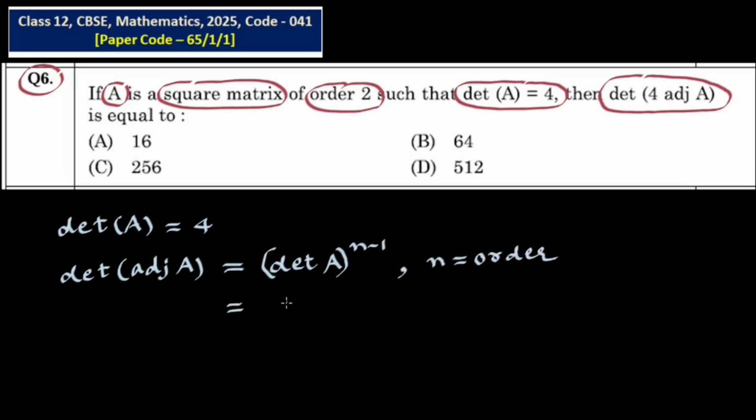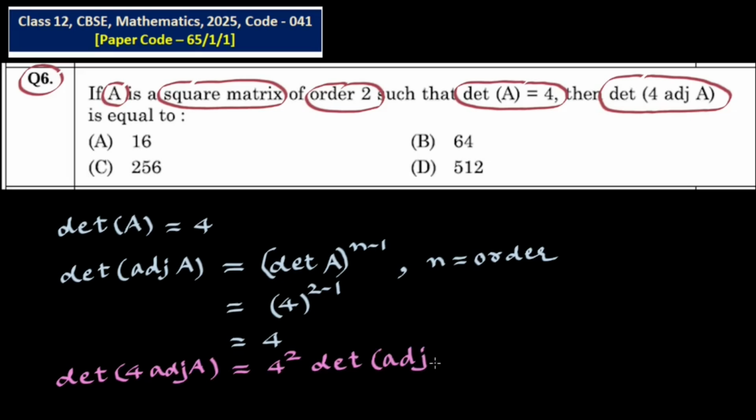So here it will be 4 power 2 minus 1, 4. Next we have determinant of 4 adjoint A is 4 square determinant of adjoint A, which is 16 into 4, 64. Hence, the correct answer option is B, 64.